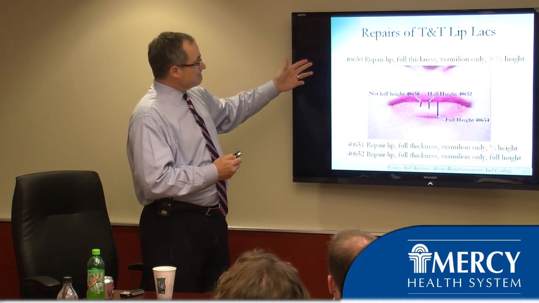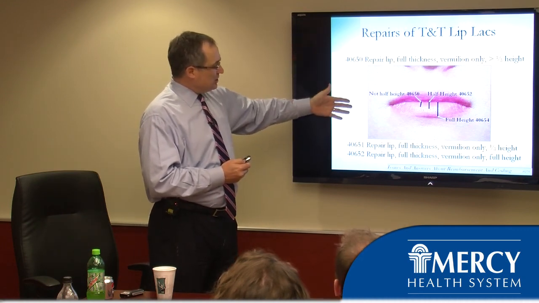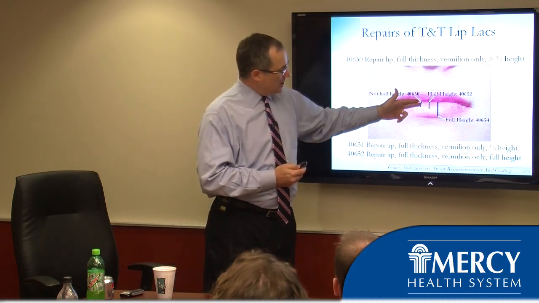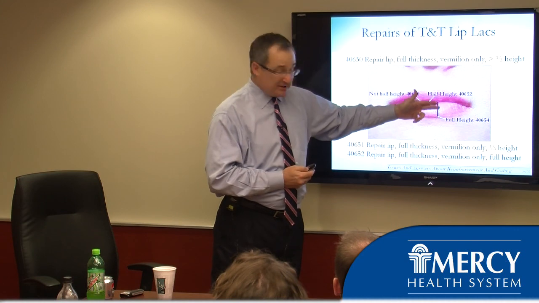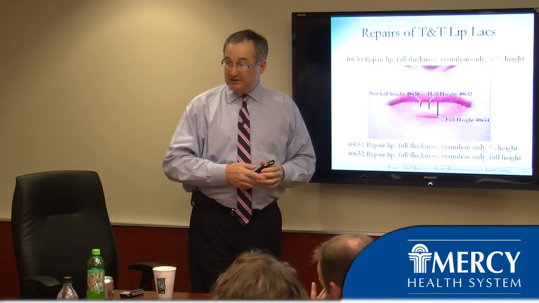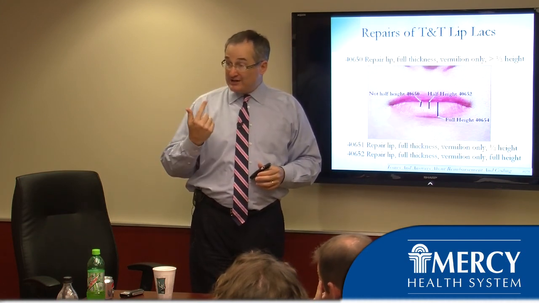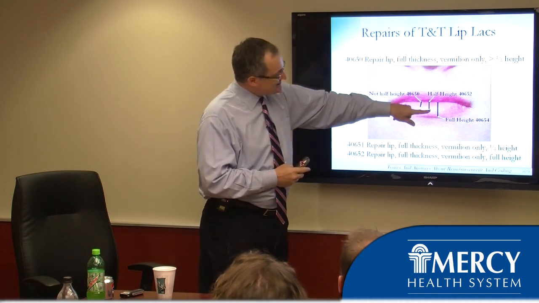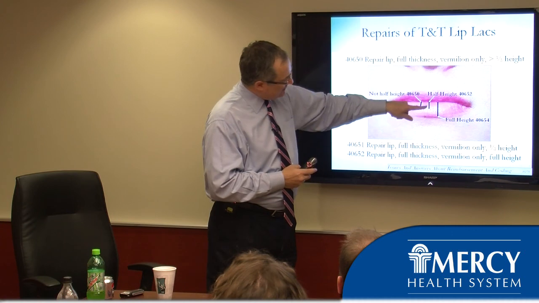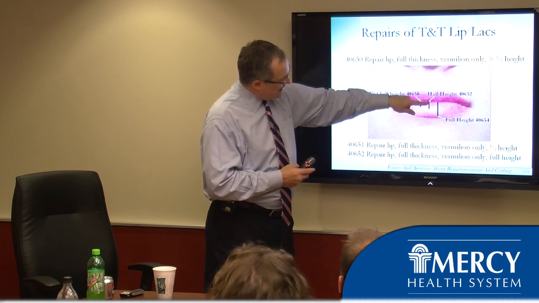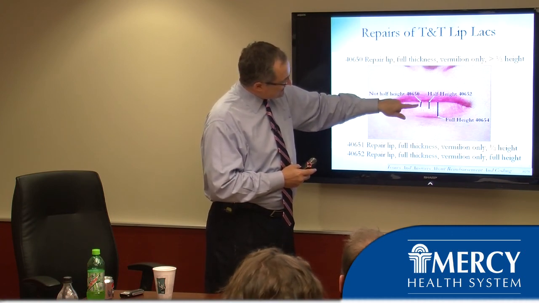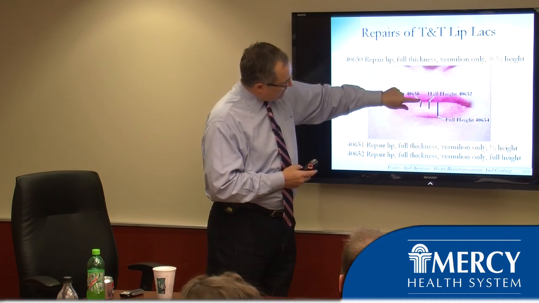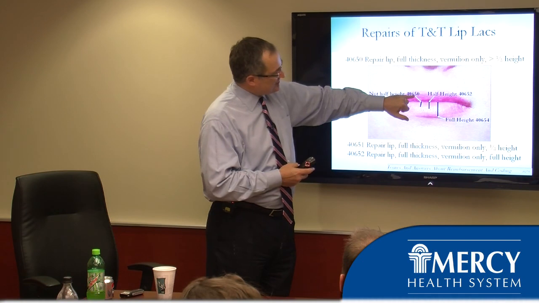Well, we have multiple codes to report for split lips, depending on how far the split is into the lip. Now, a split is a true through and through, inside and out repair. So if it's less than halfway between the frenulum and the lip edge, less than half height, a repair down to there is 40652.